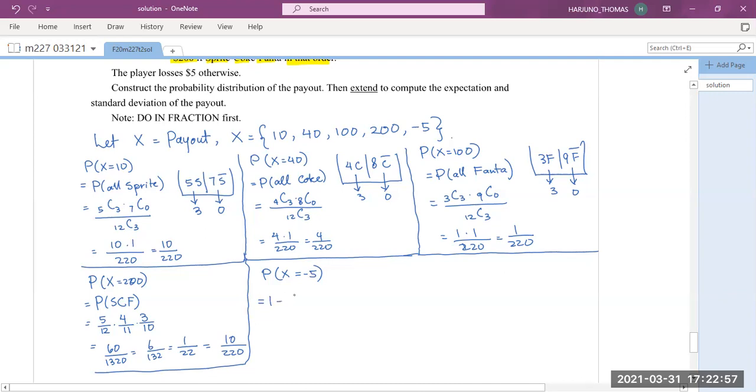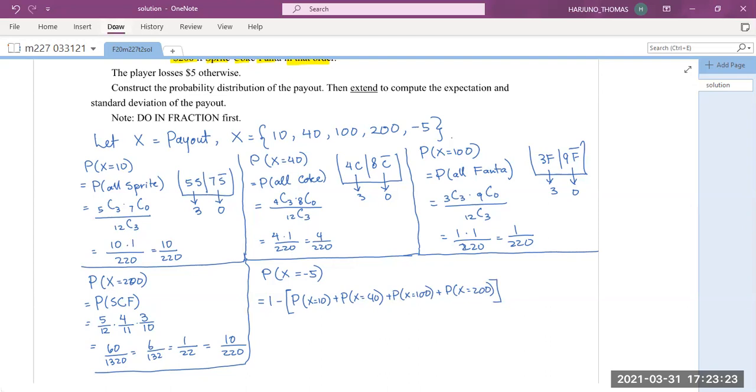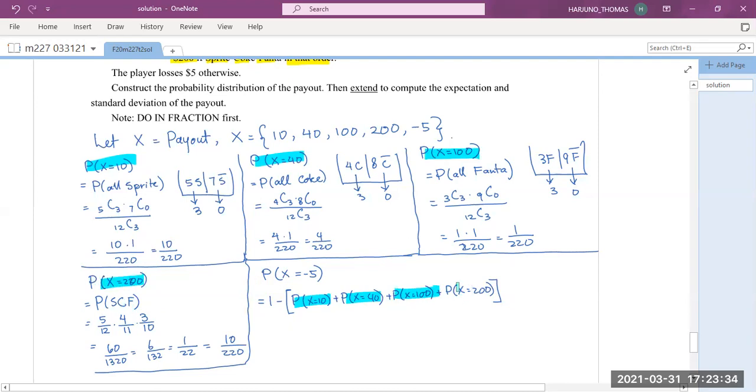This is 1 minus the probability that x equals 10 plus probability that x equals 40 plus probability that x equals 100 plus probability that x equals 200.